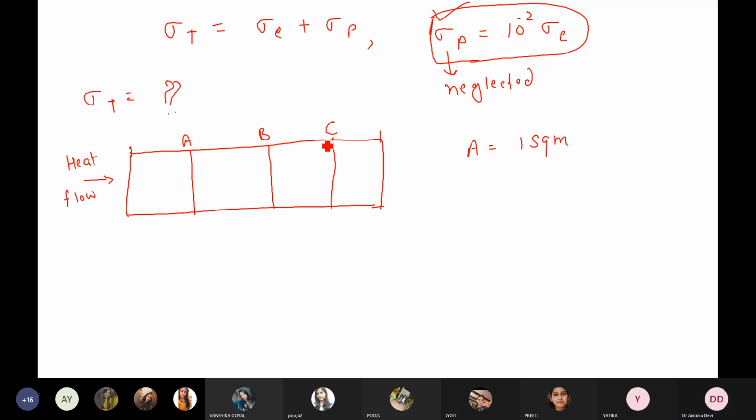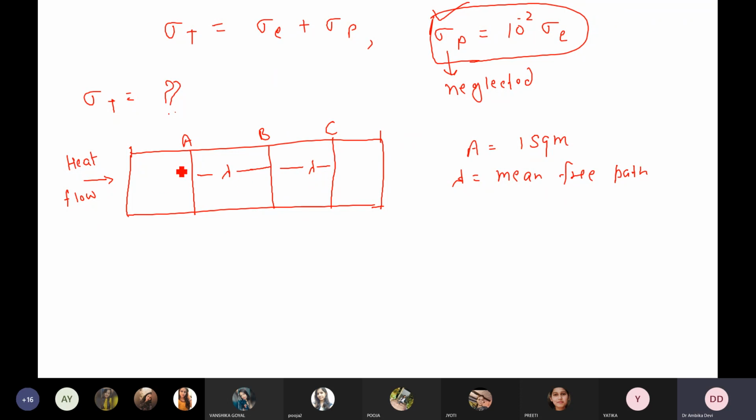Let each of them be separated by a distance lambda. So the distance between A and B is lambda, and the distance between B and C is also lambda, where lambda is the mean free path of the electron gas in the metal.